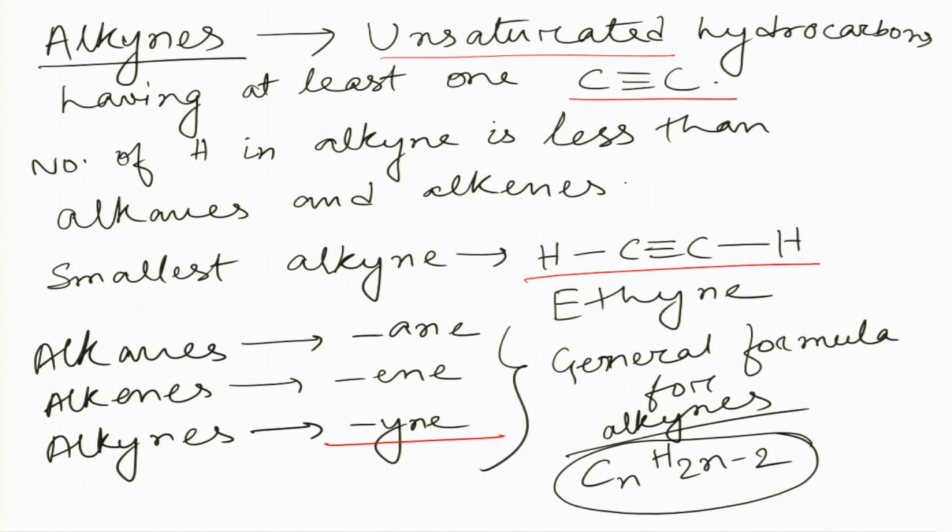Like we saw, for alkanes the general formula is CnH2n+2, for alkenes it is CnH2n, and for alkynes the general formula is CnH2n-2.